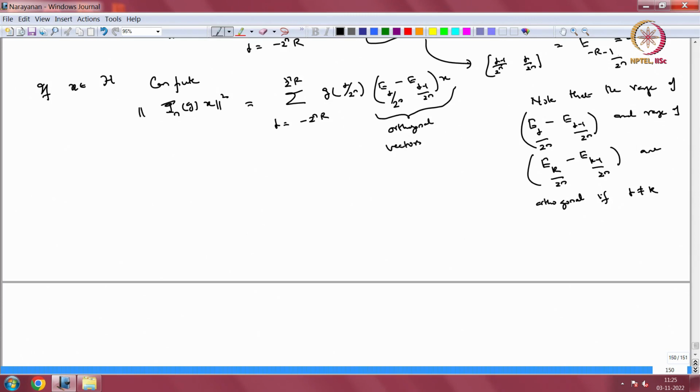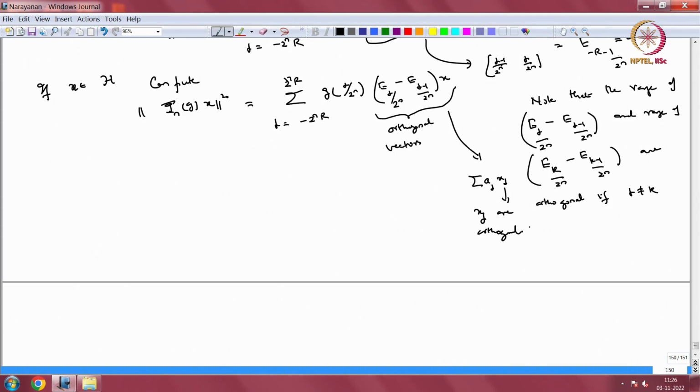In other words, (E_{j/2^n} − E_{(j−1)/2^n})x is orthogonal to (E_{k/2^n} − E_{(k−1)/2^n})x. So, if you look at this more carefully, this is like a summation of some numbers a_j times vectors x_j, where the x_j are orthogonal.